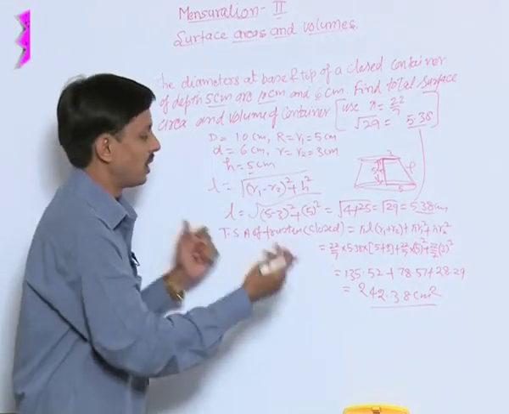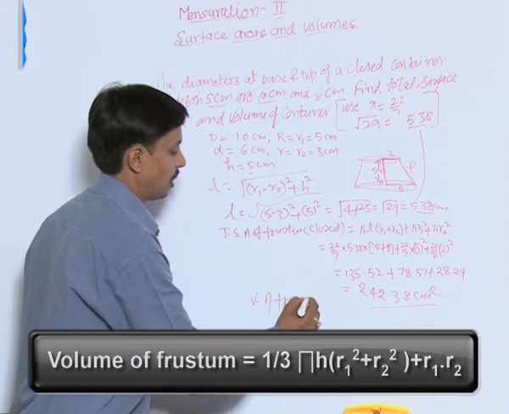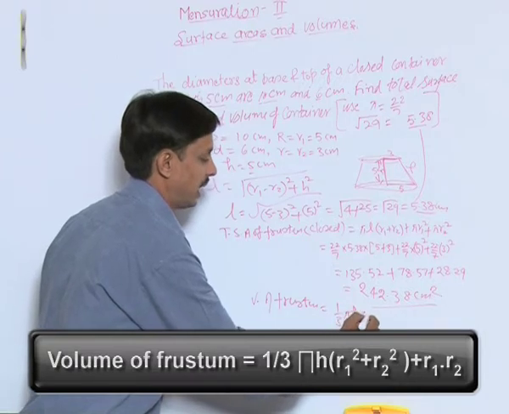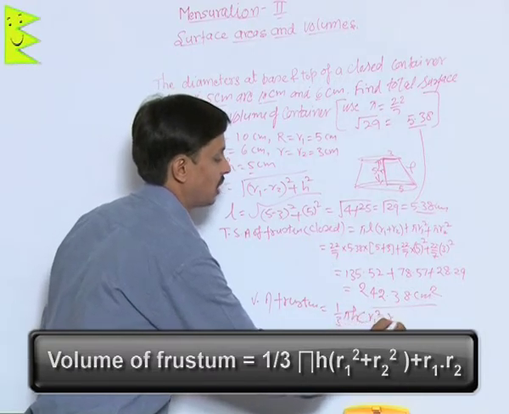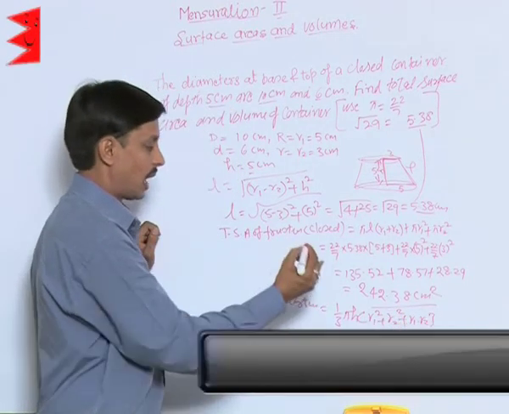Now to calculate its volume, the formula for volume of frustum is 1 by 3 pi h (r1 square plus r2 square plus r1 into r2). I will put the values.